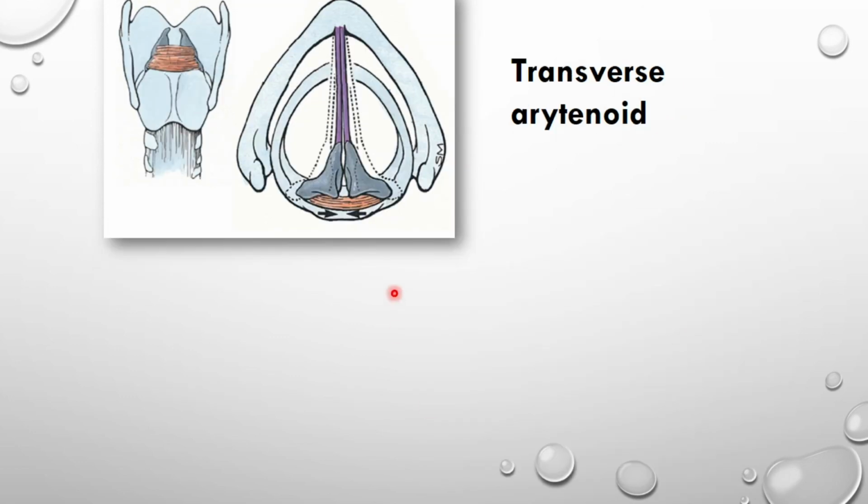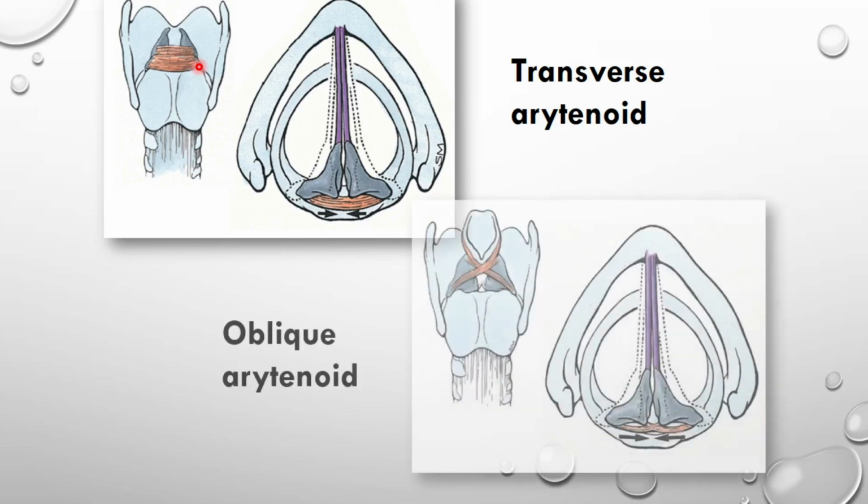We then have the transverse arytenoid. This runs from the left arytenoid cartilage to the right arytenoid cartilage, straight across in a transverse fashion, which is why it's called transverse arytenoid. And again, this is going to adduct the vocal folds or close the rima glottis.